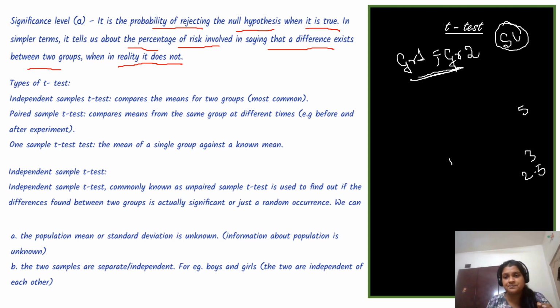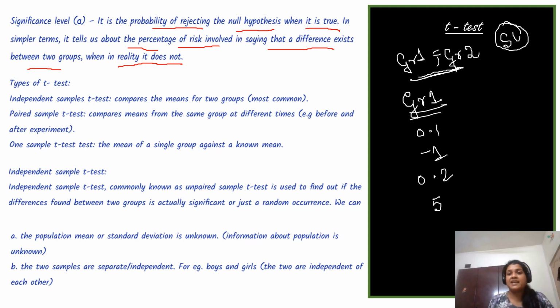What is that? Let us take this same bone density example and let us see. For example, group 1 has bone density of 0.1, minus 2, 0.25 like this.